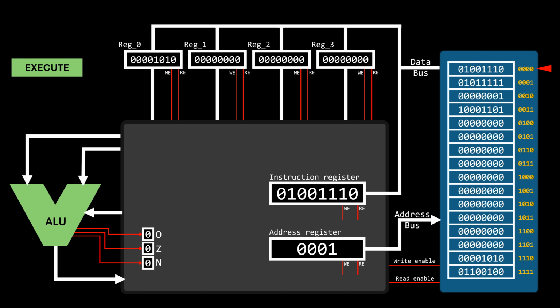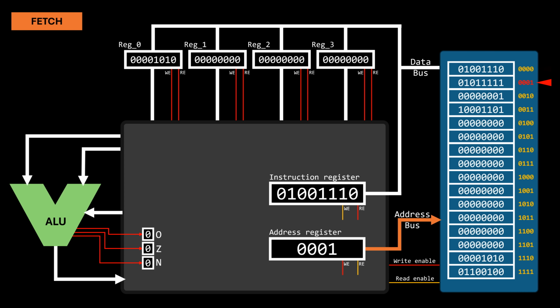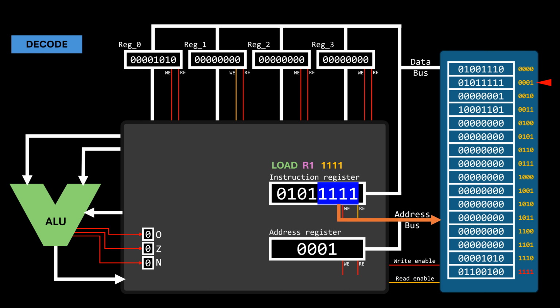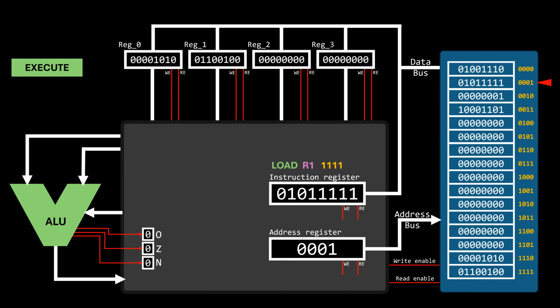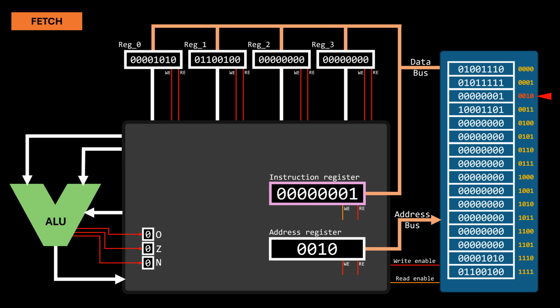This increment operation ensures that when the CPU goes back to the fetch step, the address register points to the next instruction of the program. And the cycle repeats. The instruction is loaded into the instruction register, decoded, and then executed, here, copying the value in memory location 15 into register 1. Afterward, the address register is incremented, pointing to the third instruction during the following fetch stage.